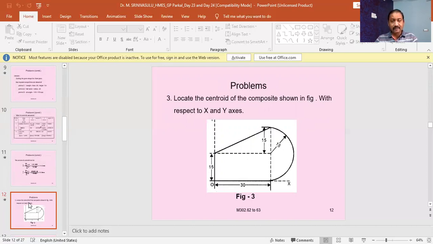And here also they have defined the reference axis as OX and OY. Then we have to find and locate the centroid of the given composite figure.